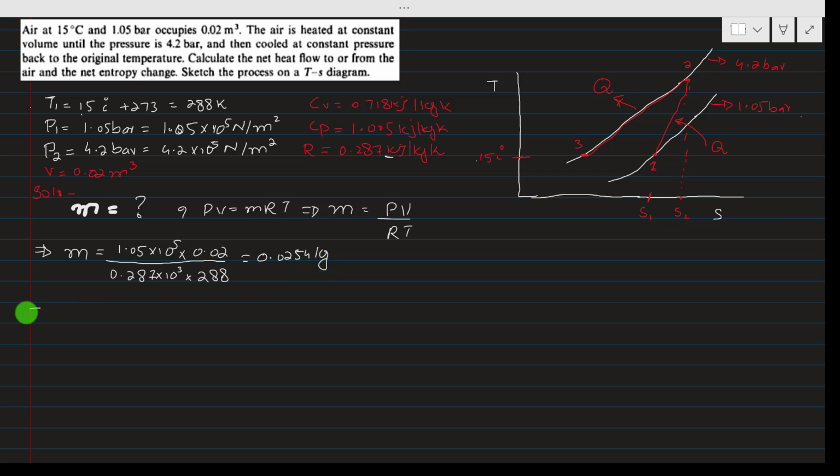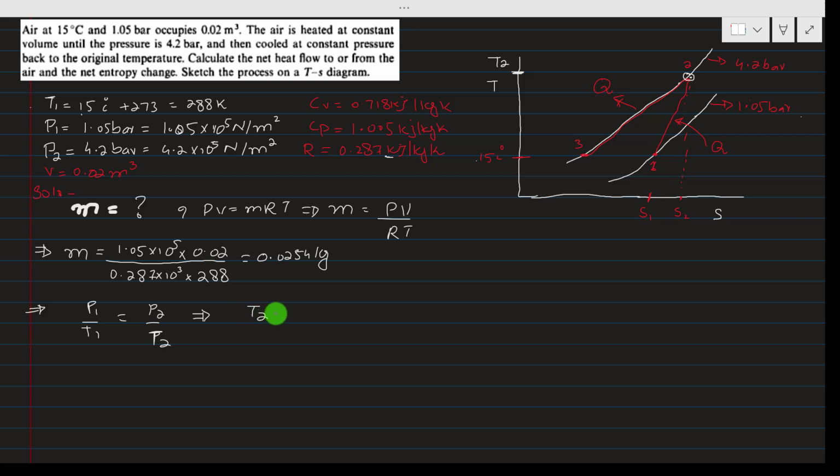Okay, next we need to find the temperature T2 at this point. So what will be the temperature? We need to find it. We know that P1 divided by T1 is equal to P2 divided by T2, because from process 1 to 2 the volume is constant, that's why we apply this formula.